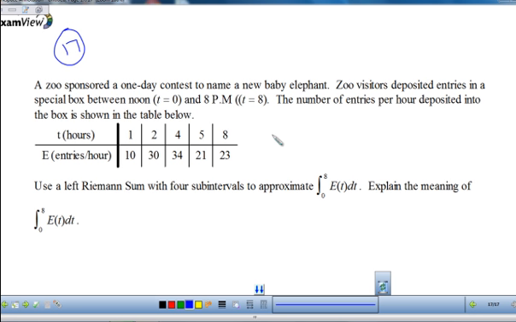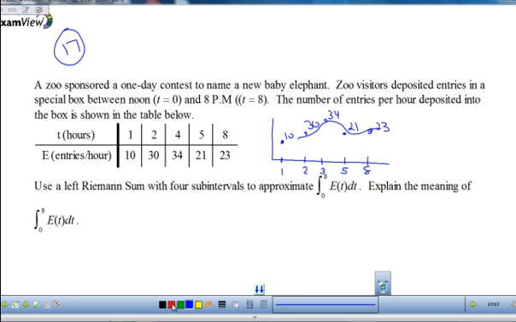So we're going to sketch this a little bit to give us an idea of what the graph is going to look like. Your sketch doesn't have to be exact. So this is what my graph will look like.